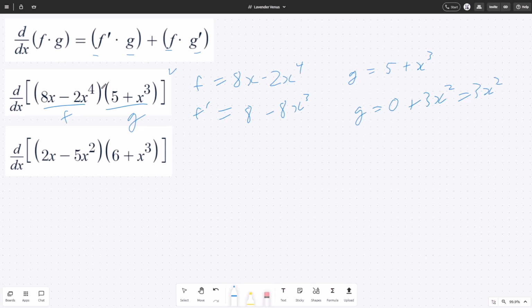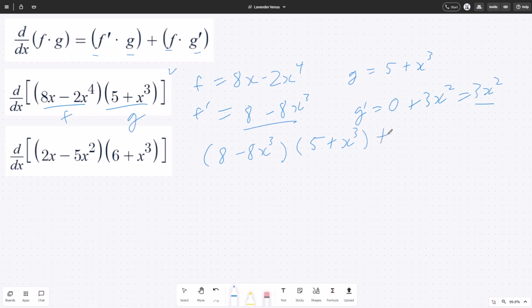The next part, to find the derivative, is to plug it in. The derivative of fg is equal to f prime times g plus f times g prime. Let's get f prime first: we have 8 minus 8x cubed, multiplied by g, which is 5 plus x cubed.